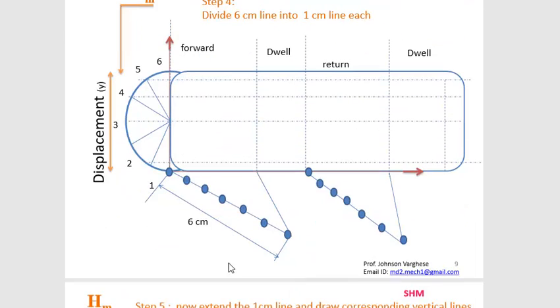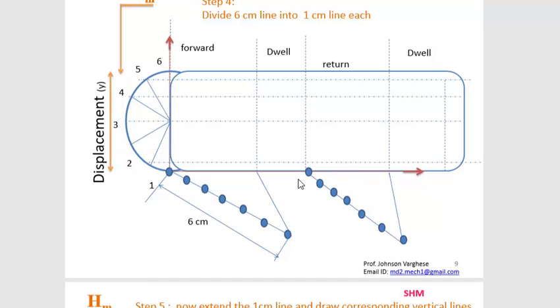Now the next step is to divide the whole length into 11 centimeters. So I divided this inclined line of the forward stroke at a gap of 1 centimeter and put a point. As you can see, blue color points are placed. Similarly here also on the return stroke, I have made a line and divided it into 6 equal parts at 1 centimeter.